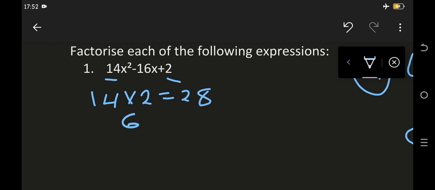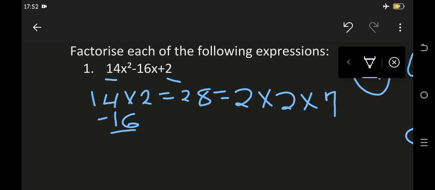Now let us look for the factors that will give us this. The factors of 28 are 2 times 2 times 7. If you look at these factors, you will realize that yes, we can get a product of 28, but getting a sum of negative 16 specifically is going to be difficult.